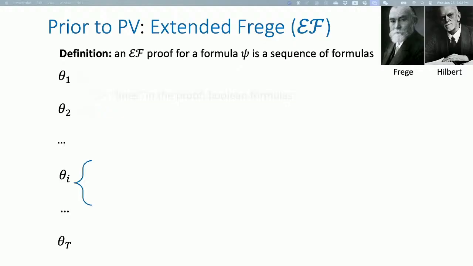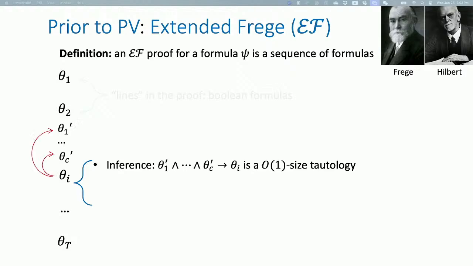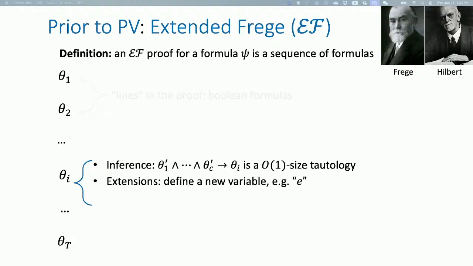For each theta i, it can only be derived in one of the following two cases. Either you can find some constant number of previous lines that imply the current line theta i, or theta i introduces a new variable e that hasn't appeared in the proof before.